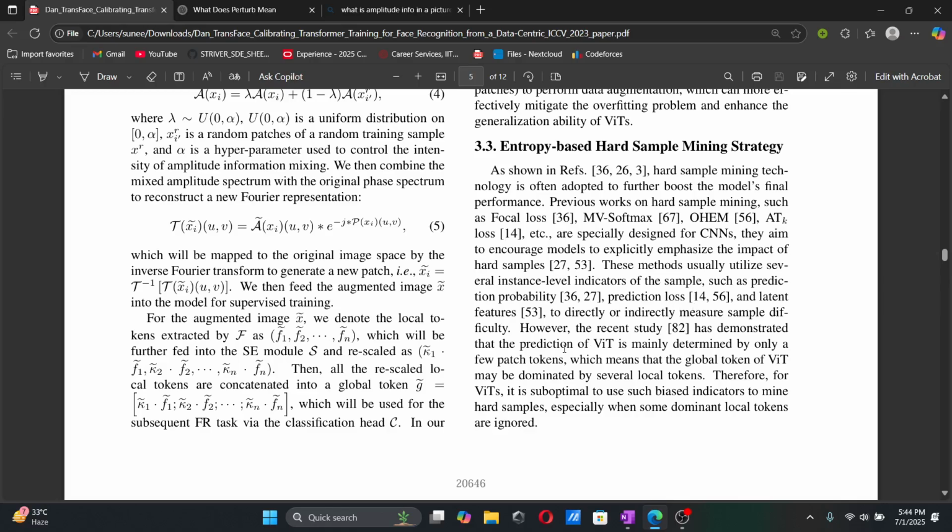However, recent studies have demonstrated that the prediction is mainly determined by only a few tokens, which means that the global token of ViT may be dominated by several local tokens. Therefore, for ViTs, it is suboptimal to use such bias indicators to mine hard samples, especially when some dominant local tokens are ignored.